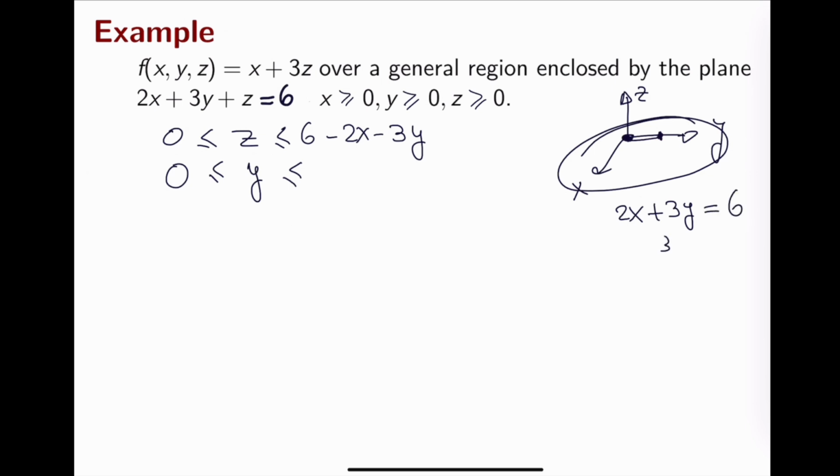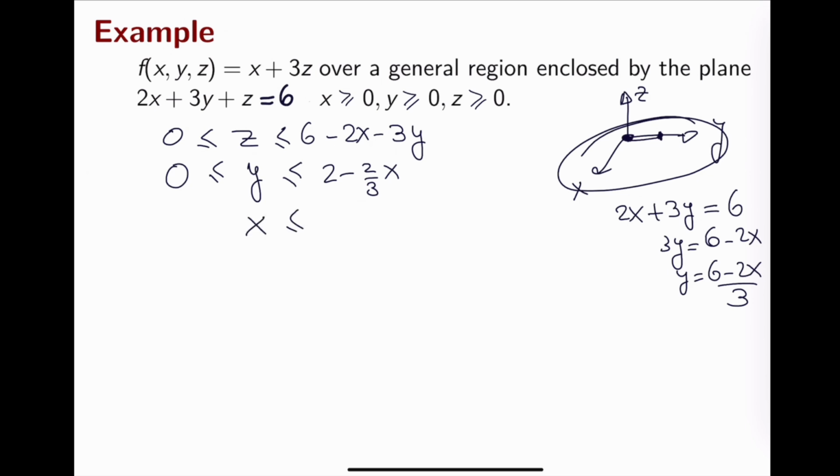So 3y is 6 minus 2x, and then y is equal to (6 minus 2x) over 3. This is going to be the upper bound for y. Observe that y is still dependent, but now on just one variable, the other one. 6 over 3 is 2, minus 2/3 x. So this is the upper bound of the variation of y.